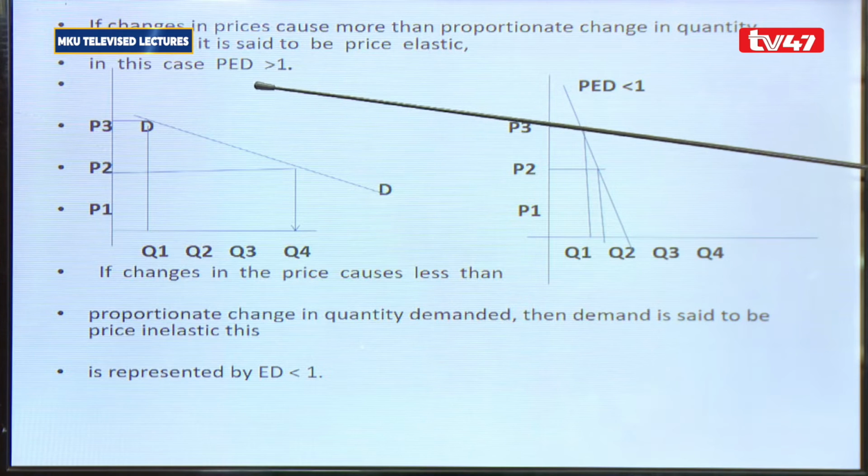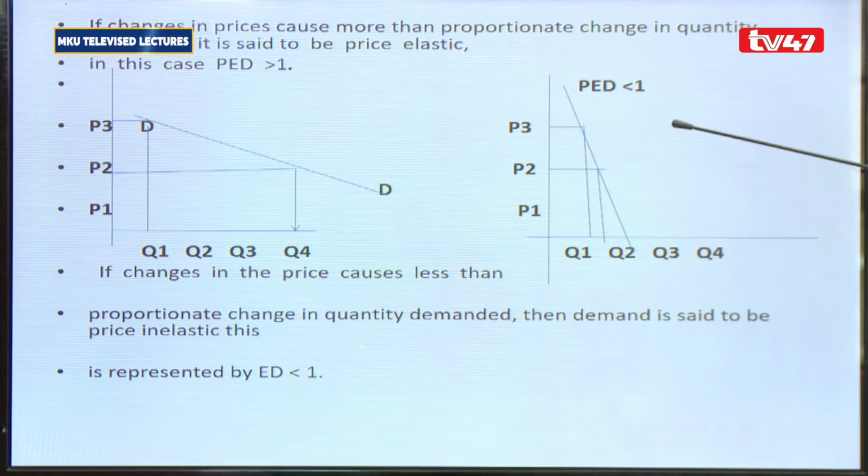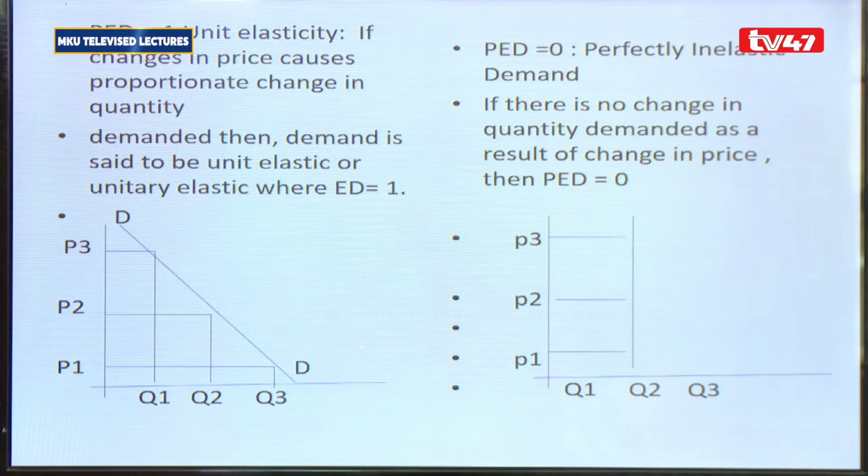So we are able to compare when the degree is great and when the degree is small. Where the elasticity is greater than 1, where elasticity is less than 1. The degree of responsiveness is less than 1. Then let's move on to where it is equal to 1. It means when the price increases by 2 units, demand decreases by an equal proportion, 2 units. So it means that the elasticity is equal to 1.